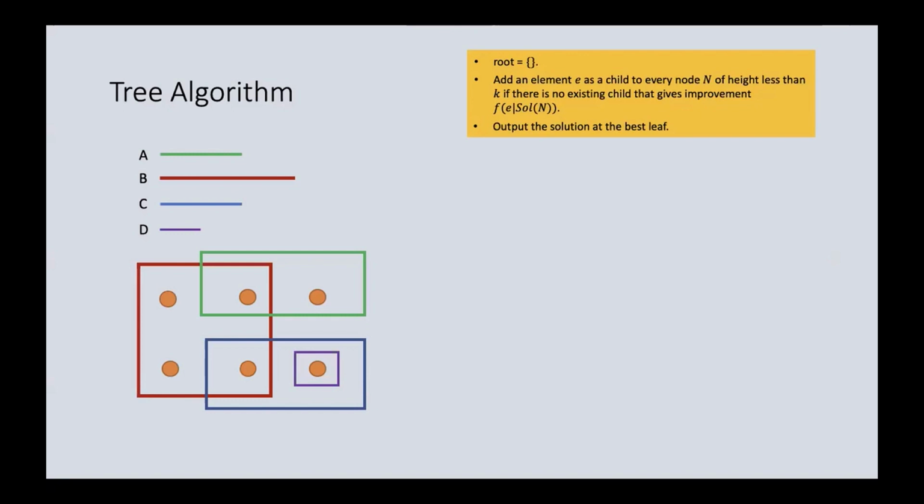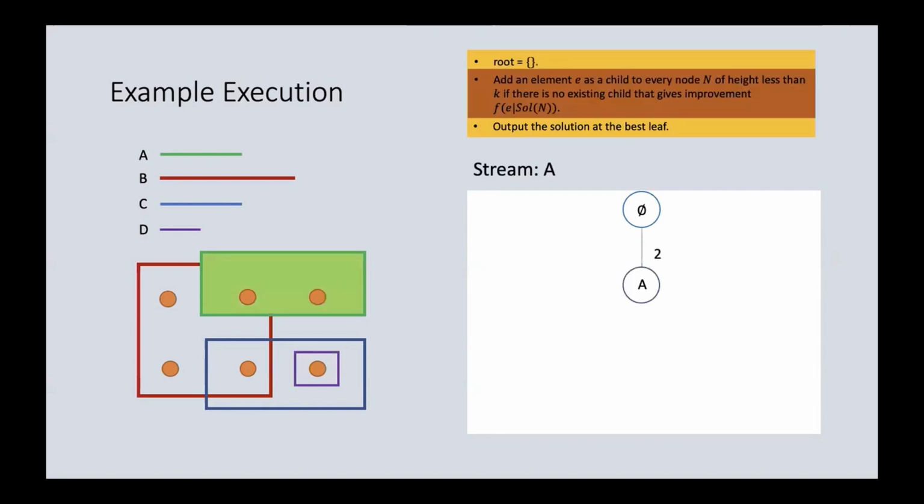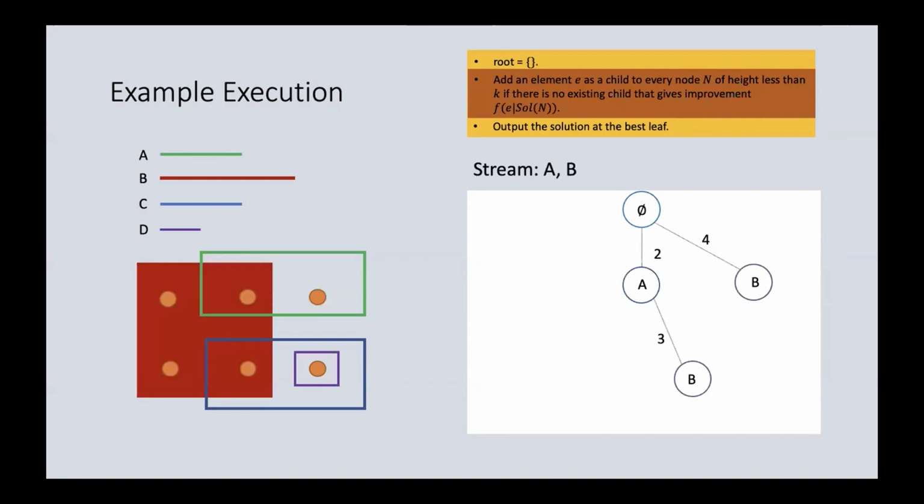The tree algorithm that I'll describe is best understood by seeing an example, and the algorithm itself is given in the top right yellow box. So we start with the root, which is the empty set. We insert the element A to the root with a value of 2 because it covers 2 orange circles.